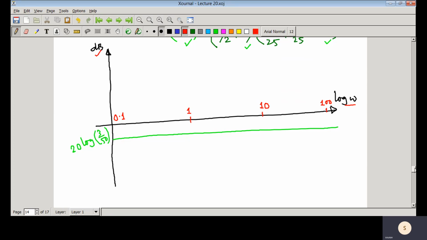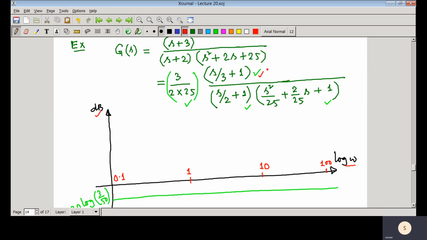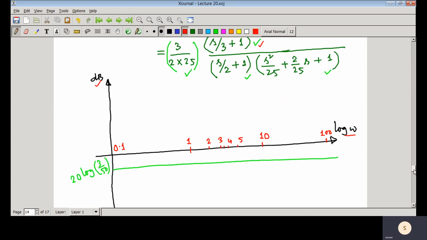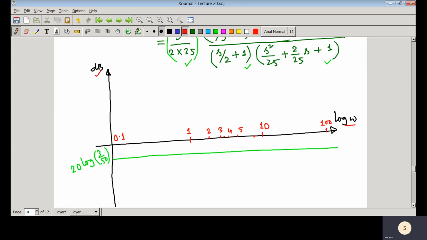Now what would be the asymptotic Bode plot for s by 3 plus 1? There would be a corner frequency here, say 2, and here you have 3, 4, 5, like that. They are not to scale, I have just shown the frequency points between 1 and 10.